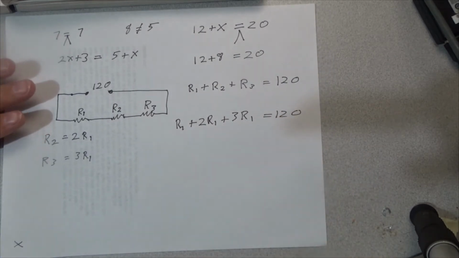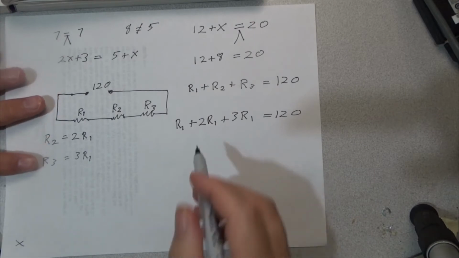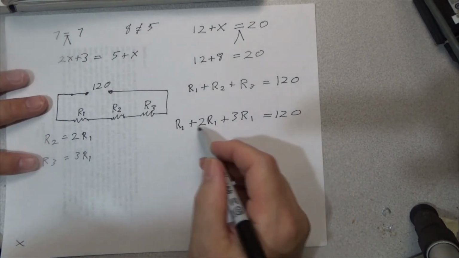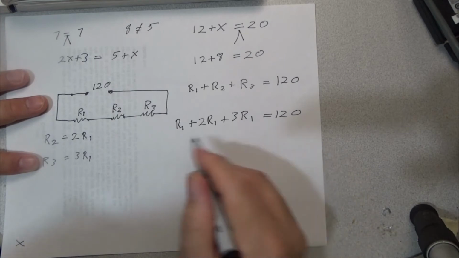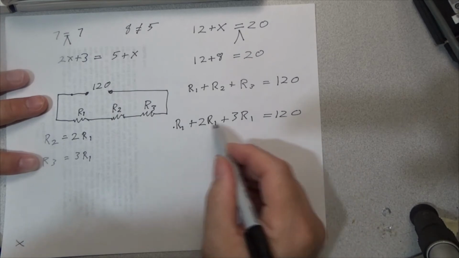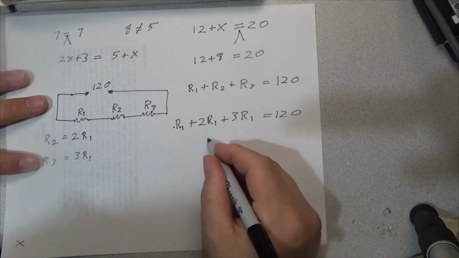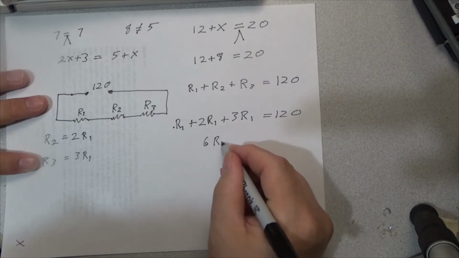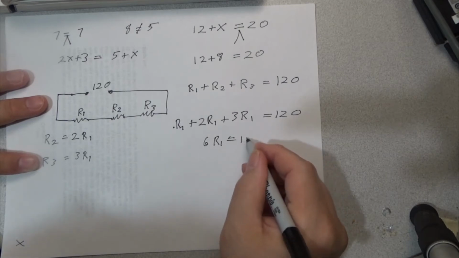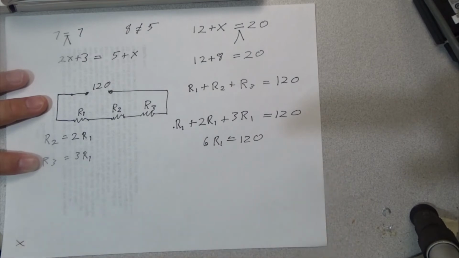So we have one variable now, which is R1, so we can combine all of our like terms. I have 1R1 here, 2 here, and 3 here. That gives us 6 times R1 is equal to 120.